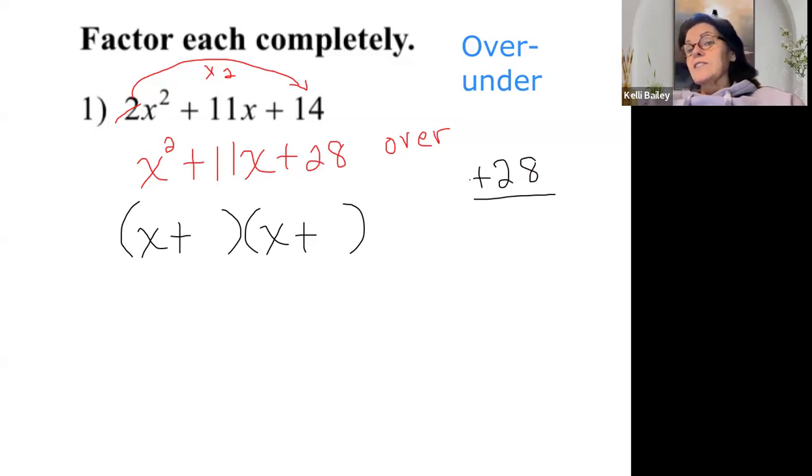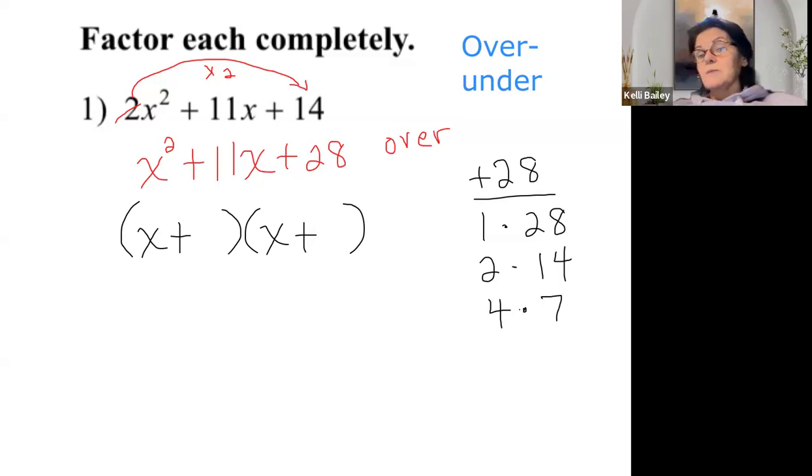So we're looking for a factor pair that adds up to 11. Let's start out by just factoring 28. 1 times 28. 2 times 14. 3 doesn't go, 4 goes. 4 times 7. 5 doesn't go, 6 doesn't go. We're back to 7. So we exhausted all the possibilities. All right, now I need to see which pair is my winner.